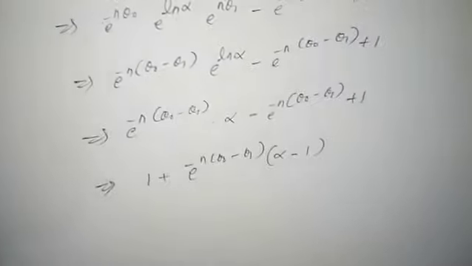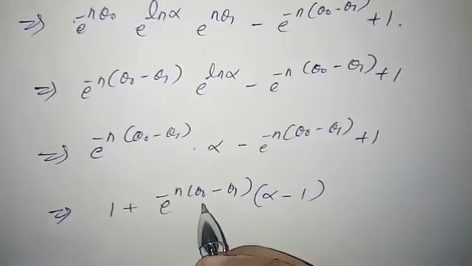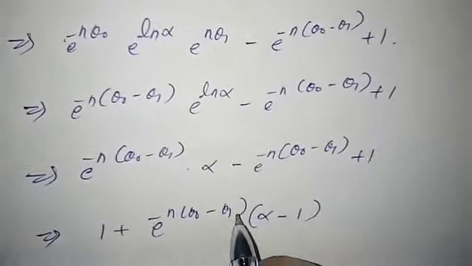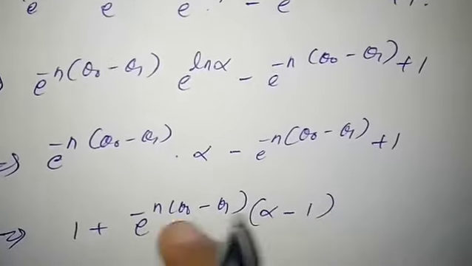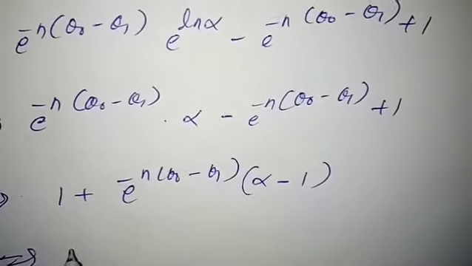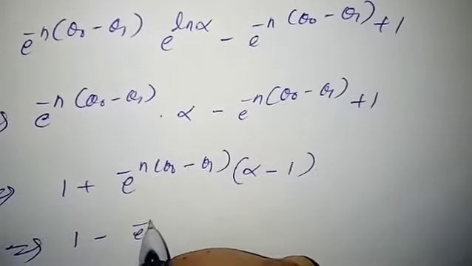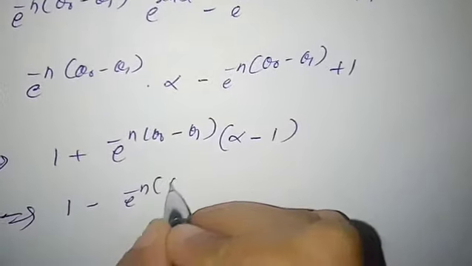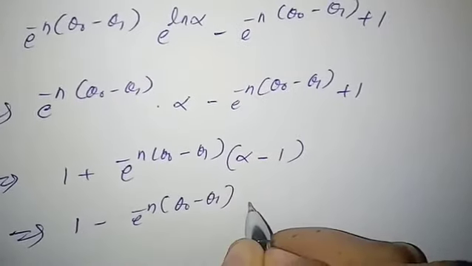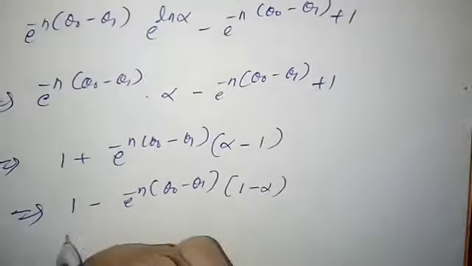So we can write this term as 1 plus e power minus n theta naught minus theta 1 into alpha minus 1. You can take e power minus n theta naught minus theta 1 outside, then alpha minus 1, which implies 1 minus e power minus n theta naught minus theta 1 into 1 minus alpha.